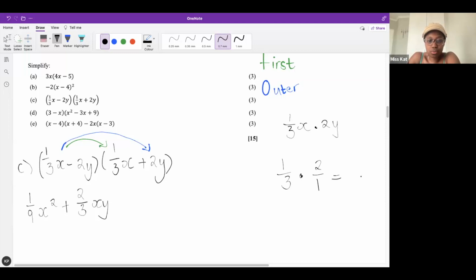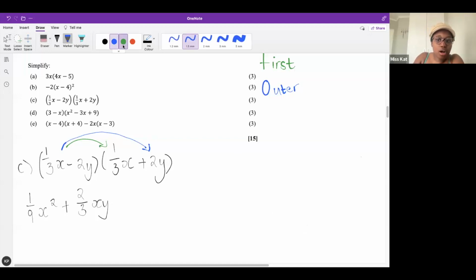At the top, we have 2 over 3 times 1, which is 3. So it's 2/3. And then we had 2 variables, x times y. You can't multiply them. You can't do anything with them. You just have to write them as xy. I hope I answered your question.